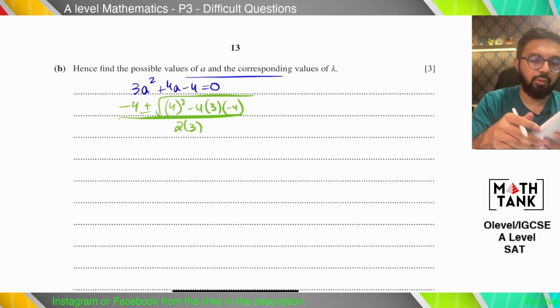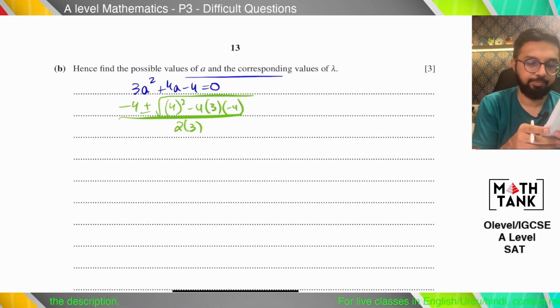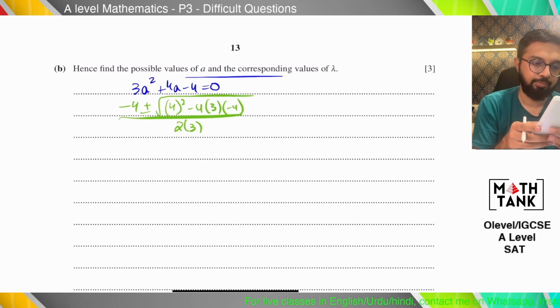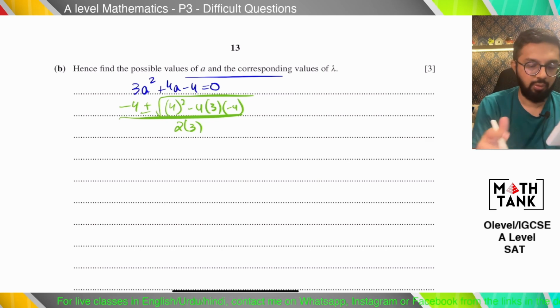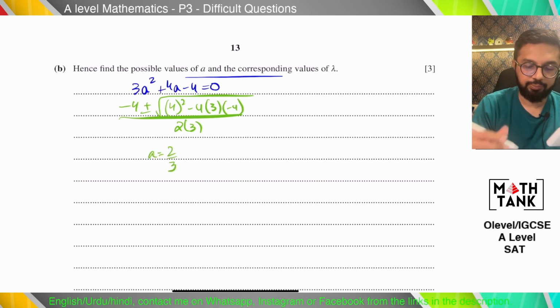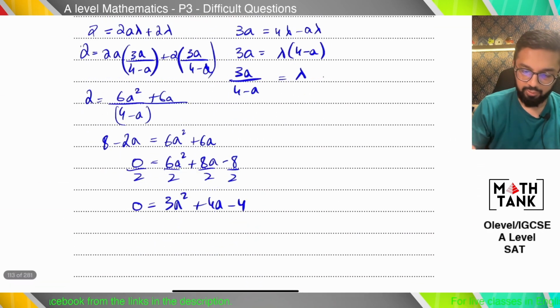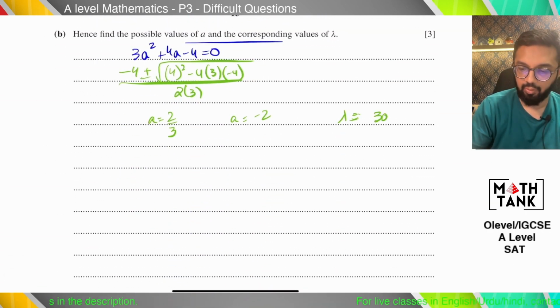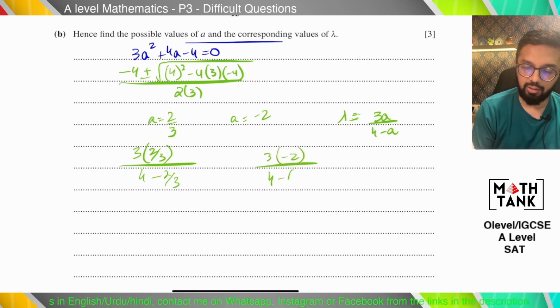I'll put my quadratic on my calculator. a is 2 over 3 and a is minus 2. Lambda was 3a over 4 minus a. So I get 3 times 2 over 3 over 4 minus 2 over 3, and 3 times minus 2 over 4 minus minus 2.